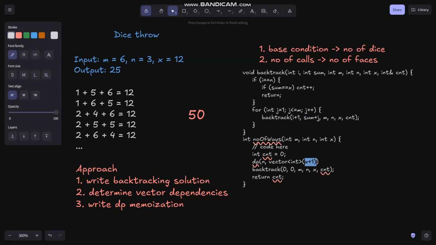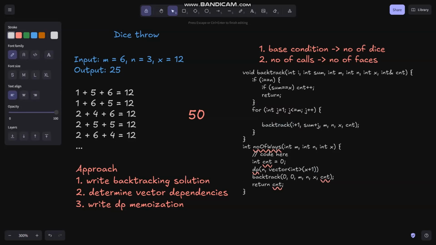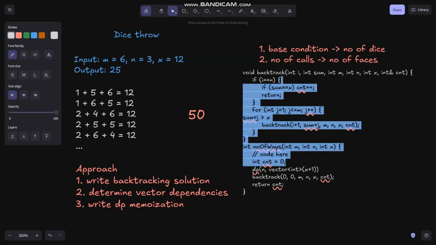Our array is only capable of storing till 12. So you do not call the backtracking function in case your sum plus j is greater than your target sum, that is x. You do not call this backtracking function, otherwise you will get a segmentation fault or something like this, array index out of bound, this kind of errors, right? So this is the approach we're going to use.